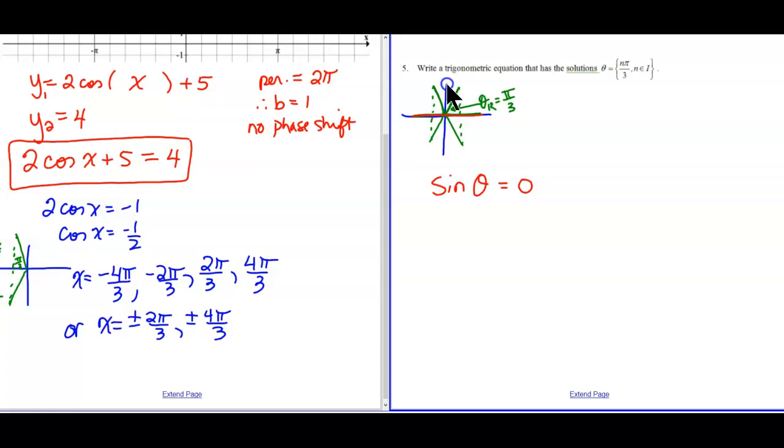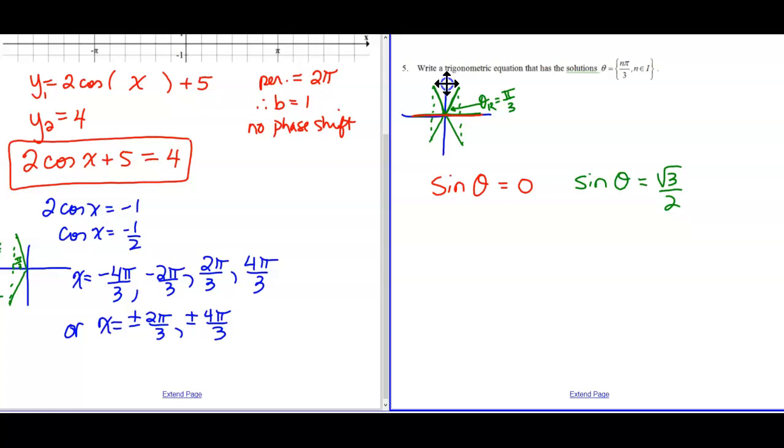My green lines here. So if I'm dealing with sine theta, when theta is pi over 3, I get sine is root 3 over 2. Okay, that will give me this one and this one. So that's green, I'll keep it green.